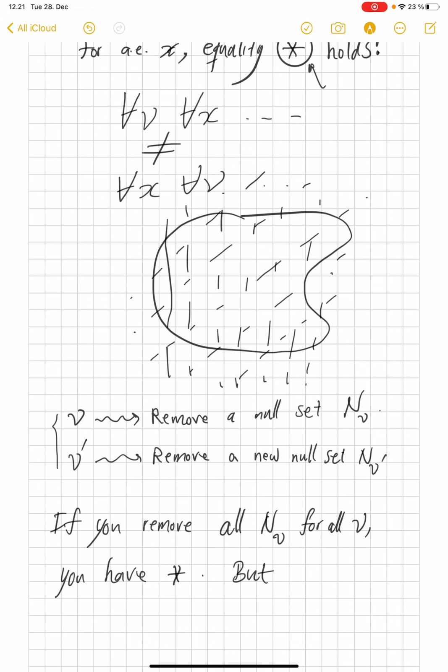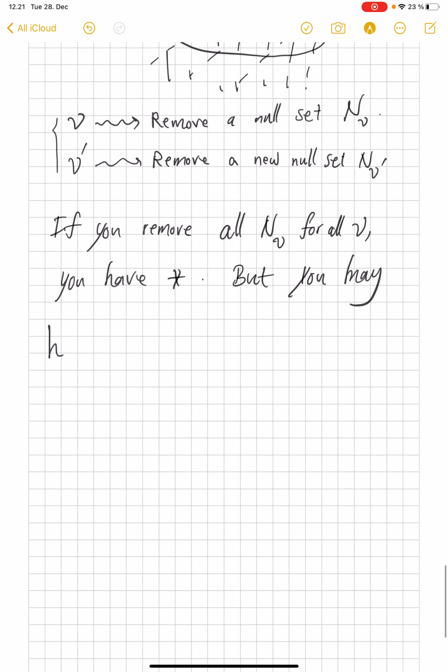But you may have been left with an empty set after removing too many null sets. And as Pekka Koskela loves to put it, seems like we are dead.